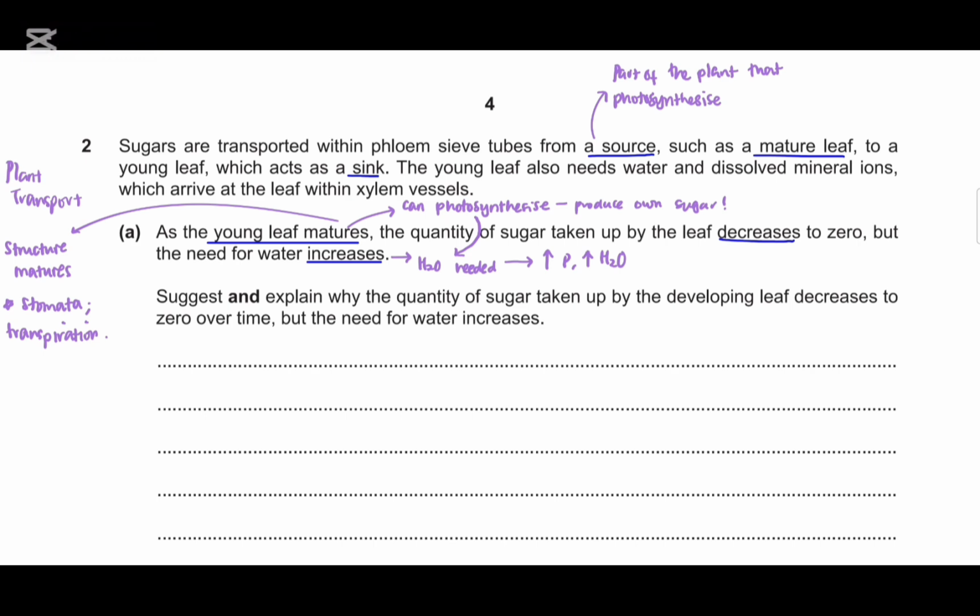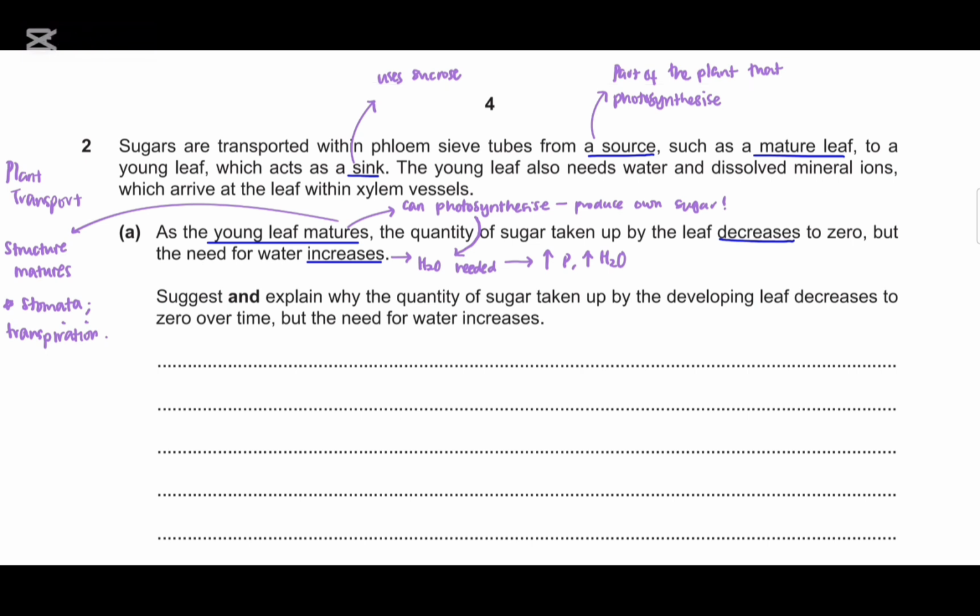Whereas the sink is defined as the part of the plant that uses sucrose, or the product of photosynthesis, for what?